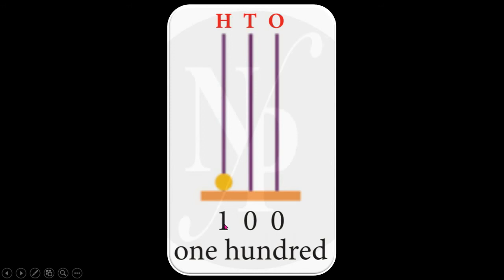So to represent 100, there should be one bead on hundreds rod. There will be no beads on tens and ones rods. So this abacus, with one bead on hundreds rod and no beads on tens and ones rods, represents 100.